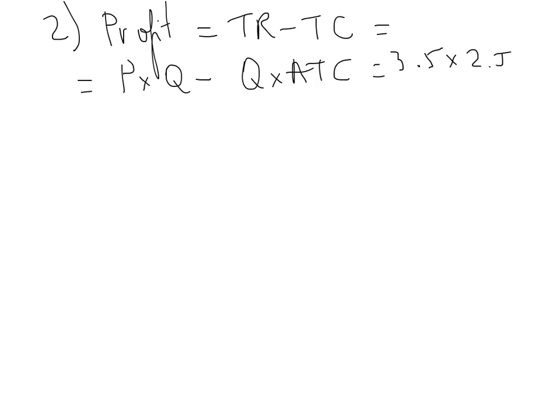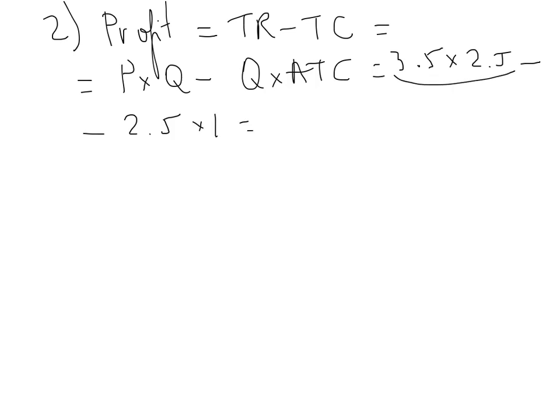And then minus total cost, which is quantity 2.5 times average total cost. Average total cost is 1, times 1.